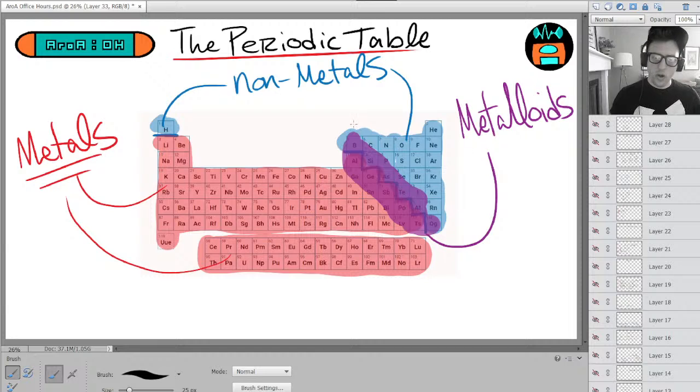All right, all those elements touching the division between metal and nonmetal. These are your metalloids. And the way to think of them is they have some metallic properties and some non-metallic properties.